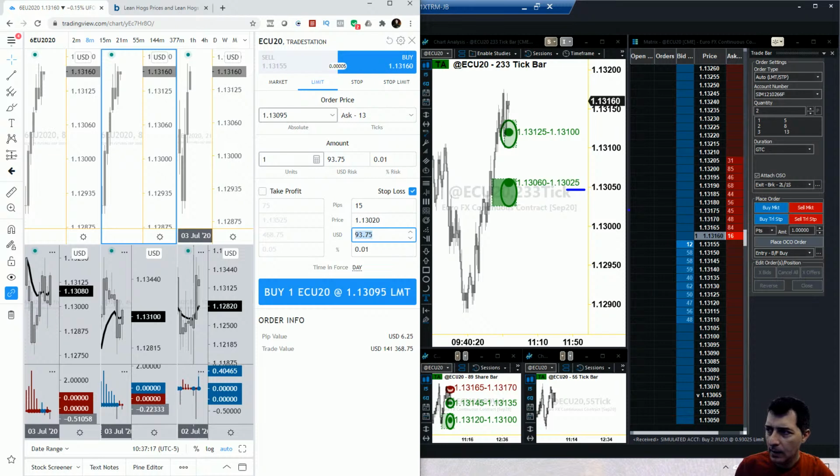Notice how on the matrix we got 4.5, 4.0, 3.5, 3.0, 2.5, 2.0. So that's the case, 2.5. So then the stop is 2.0. Okay, so that brings us to a risk per contract of $93.75.